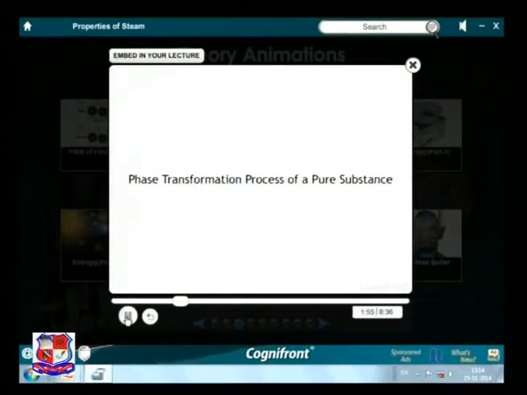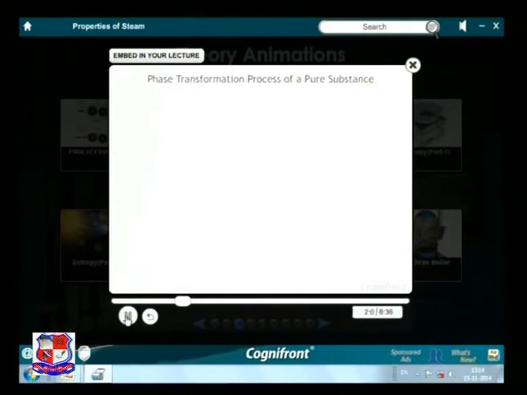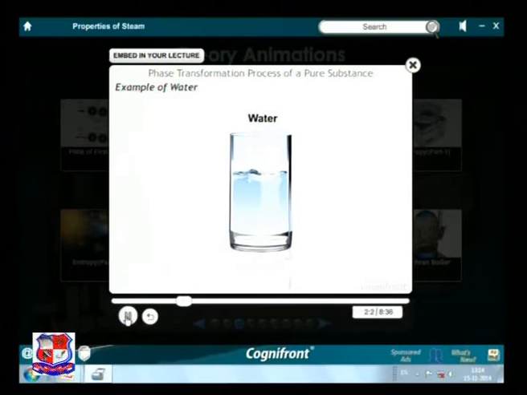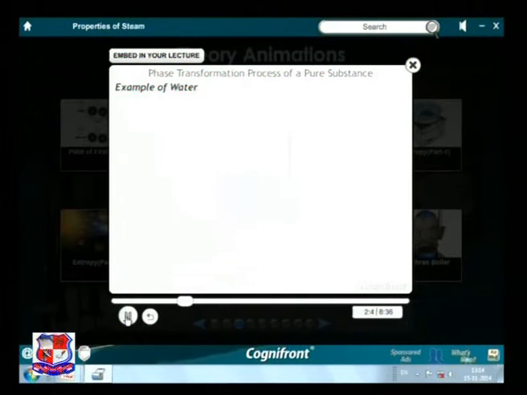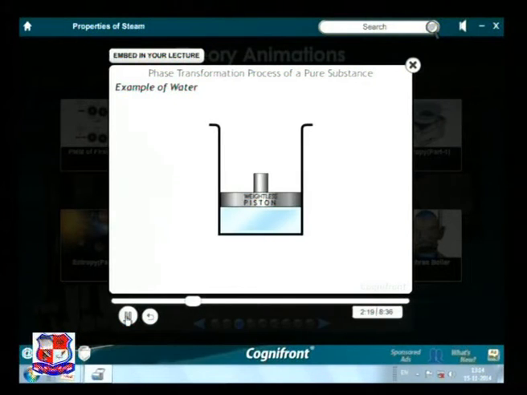Let us study the phase transformation of a pure substance. Let us take the example of water. Consider 1 kg of ice at a temperature of minus 10 degrees Celsius at 1 atmospheric pressure. Place this ice in a weightless piston cylinder.